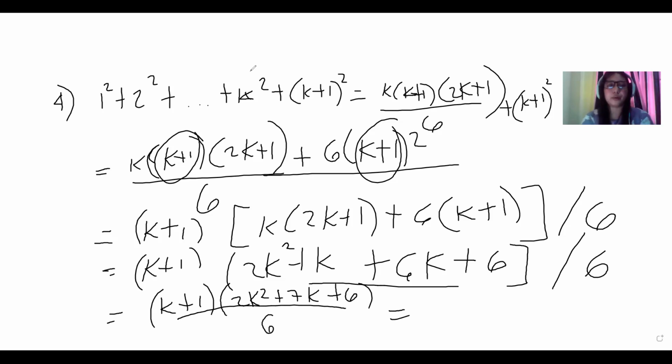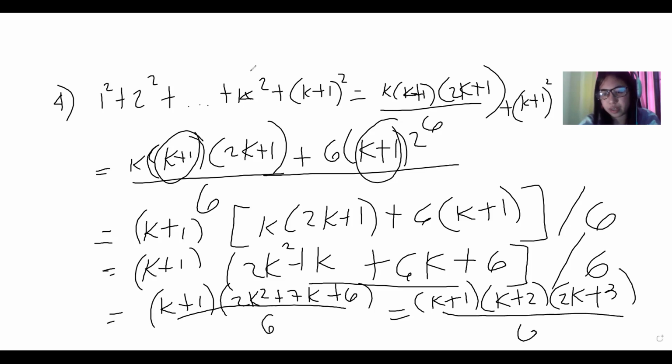If we go back to the value obtained when we substituted k plus 1 in place of n in our equation, this is equal to k plus 1 times k plus 2 times 2k plus 3 over 6.